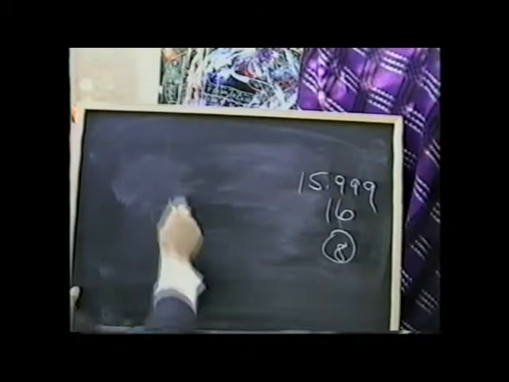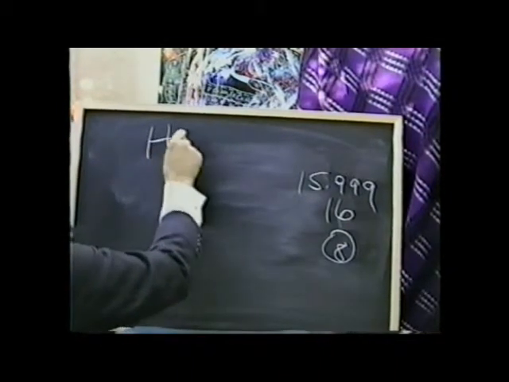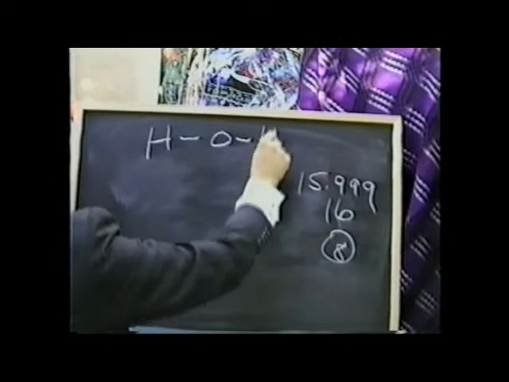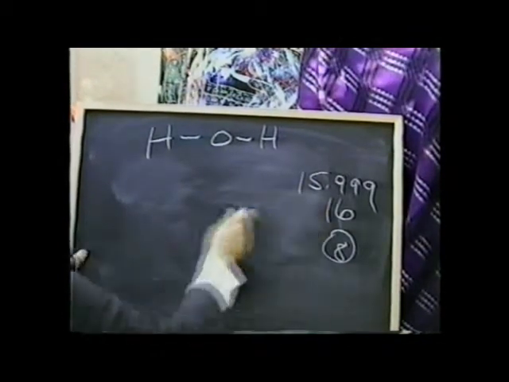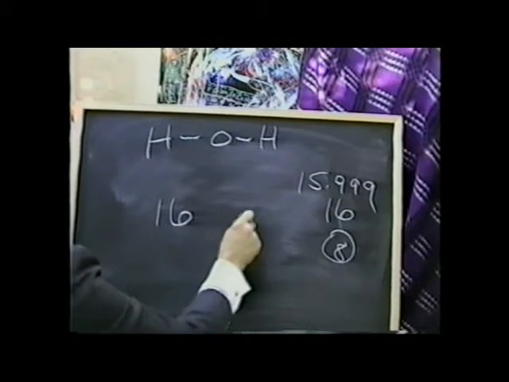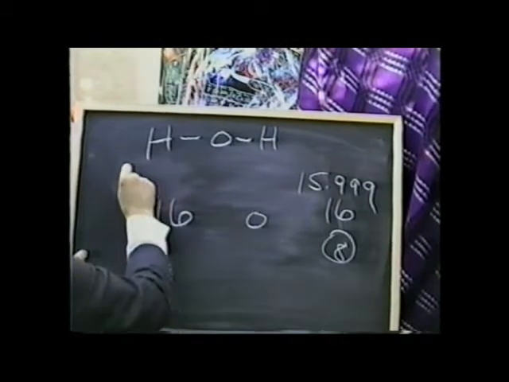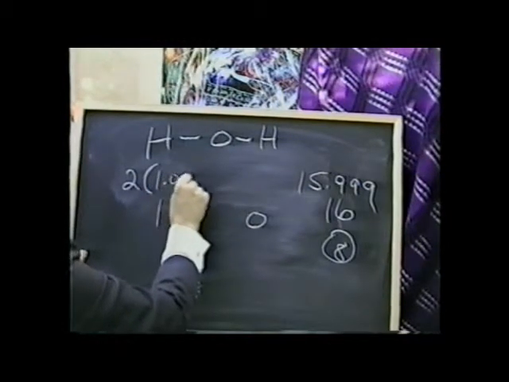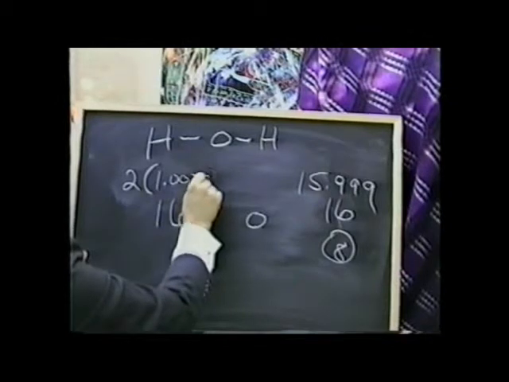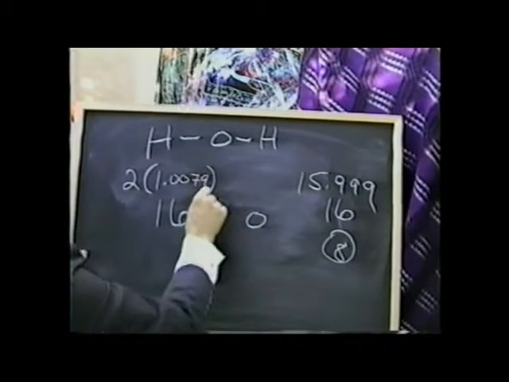So now in order for a mole of water, what we're going to see is it would be roughly 16 for the oxygen, and then we would need 2 times the 1.0079, call it.